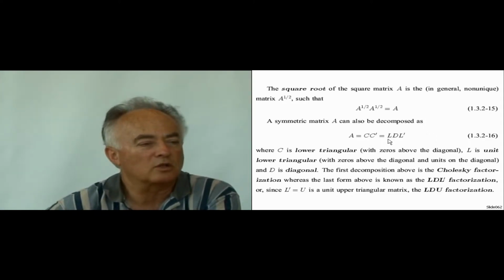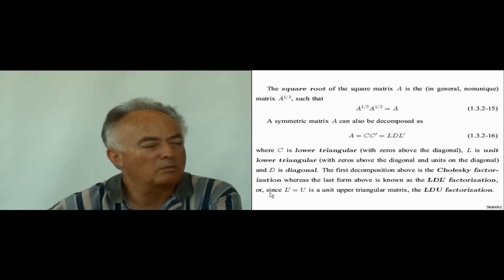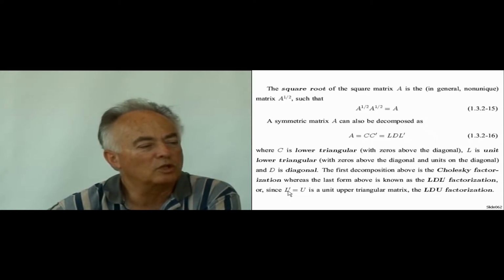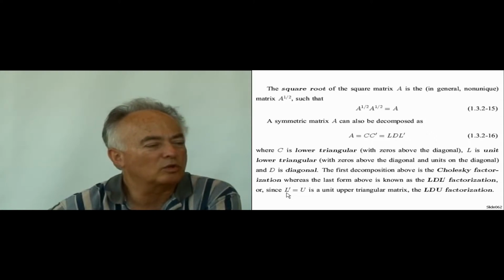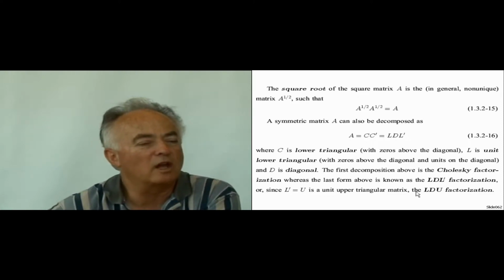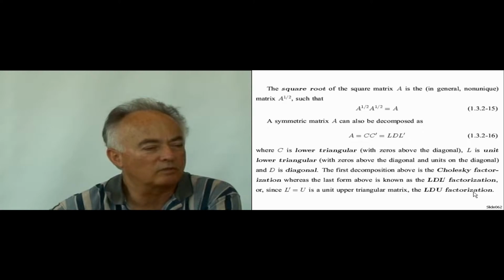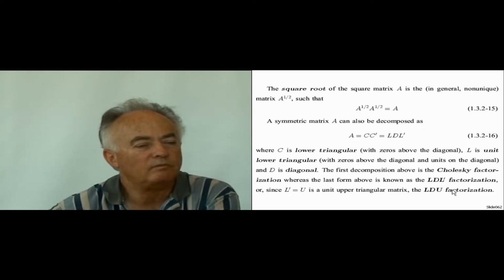So this is the C prime, there's a Cholesky factorization, and the other one is called the LDL prime factorization, since L prime, the transpose of a unit lower triangular matrix, is a unit upper triangular matrix. We also have the LDU factorization as another name for this LDL prime.